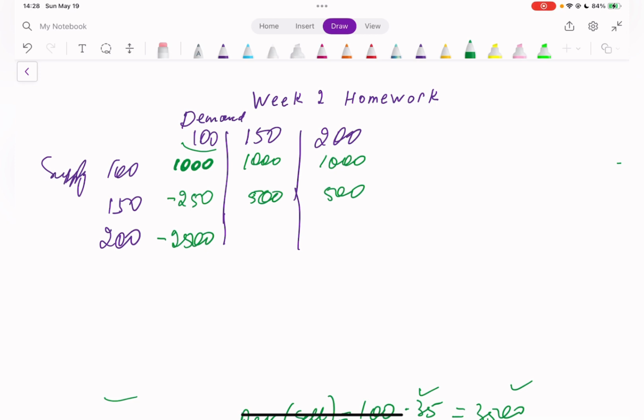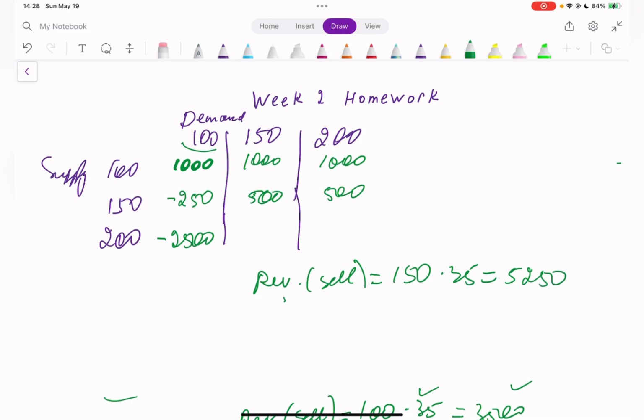If demand is 150 total, we can supply only 150. So revenue is going to be 150 times 35. So how much is 150 times 35? 5,250.